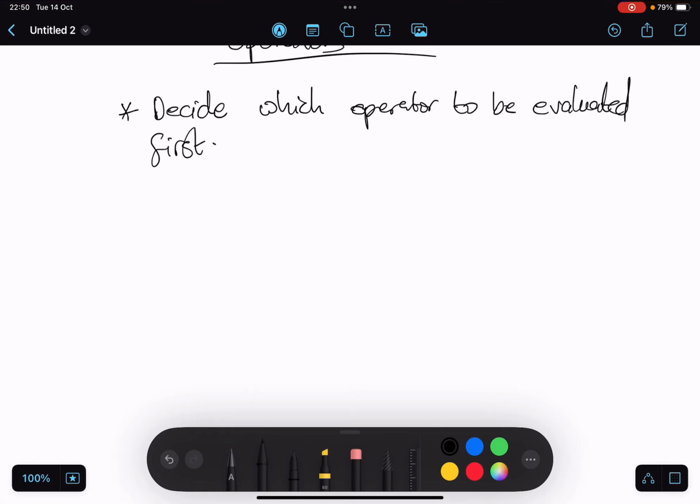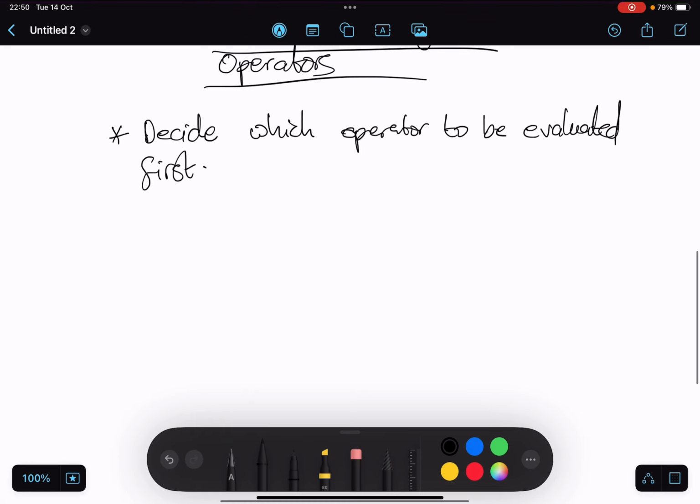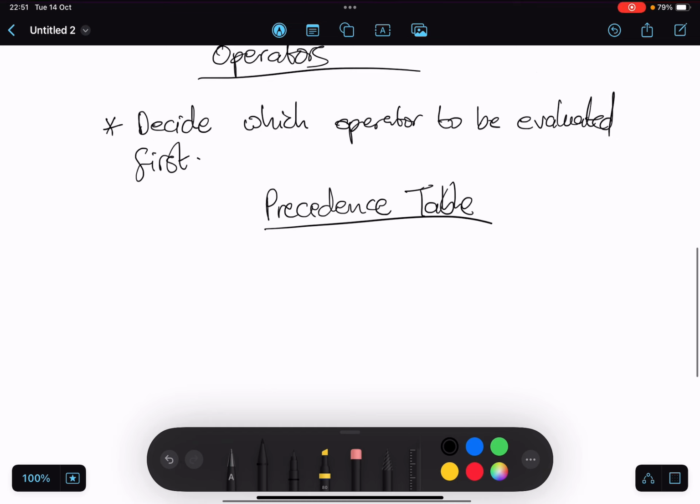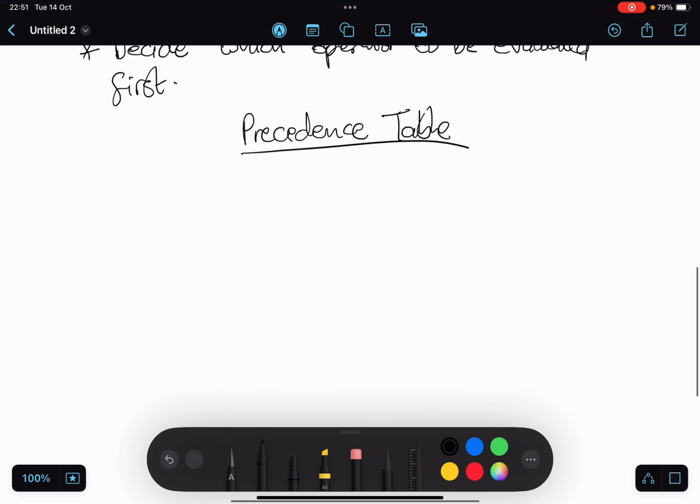What we normally use is the precedency table, to help us know which operator to evaluate first.